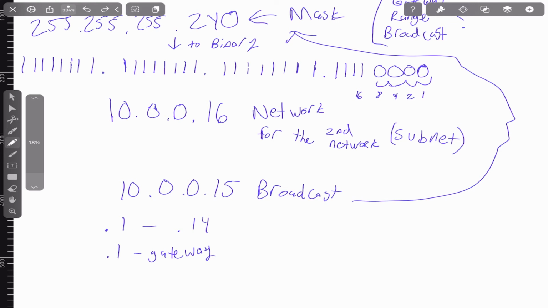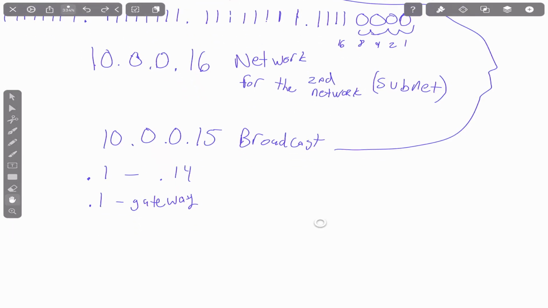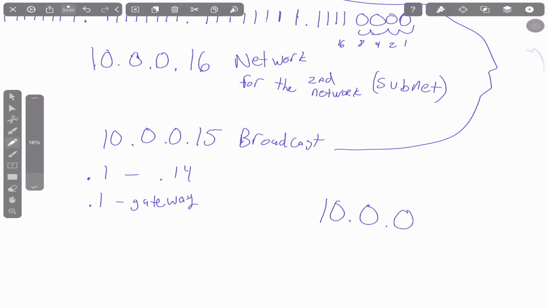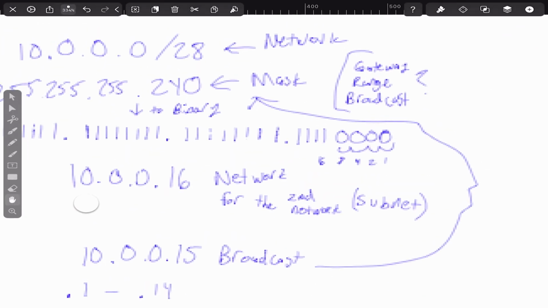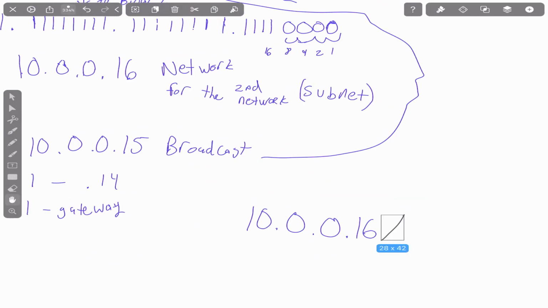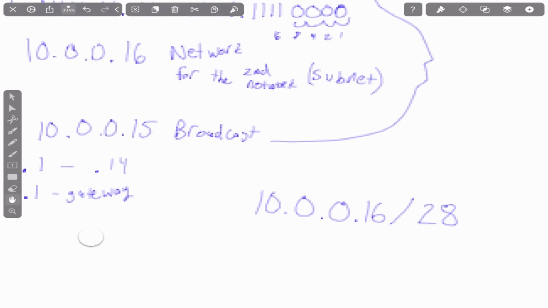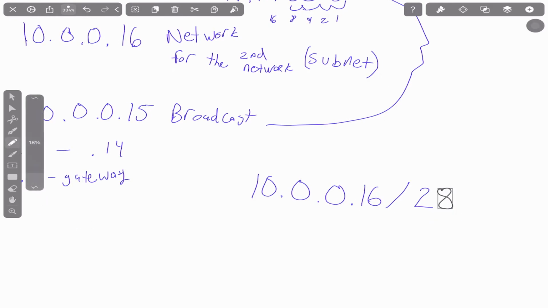Now, let's not forget about this second subnet. So we have this 10.0.0.16, which is still a /28. Now, let's say we want to subnet it again using the same subnet CIDR as a /28.